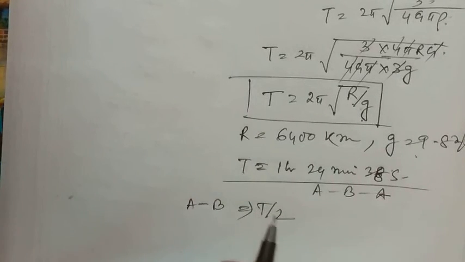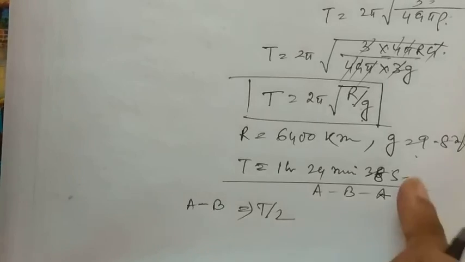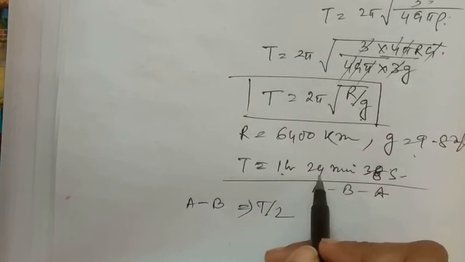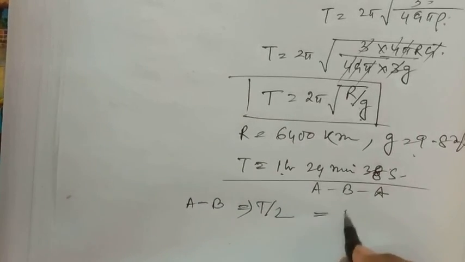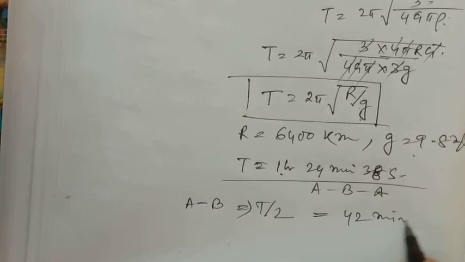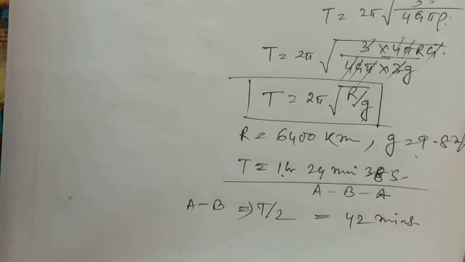So any body from a certain point on the Earth's surface will reach exactly the opposite end point in about 42 minutes. If we halve this, 84 half means 42 minutes. So if a body is released from a certain point on the Earth's surface, it will reach directly the opposite end in a span of 42 minutes.